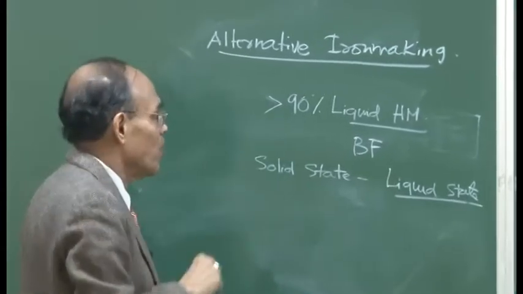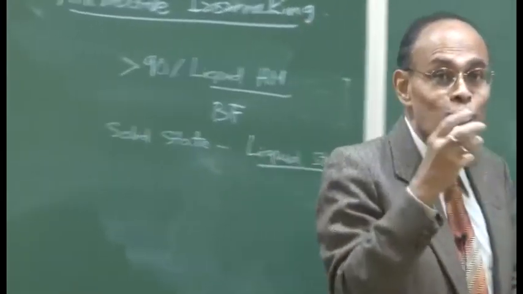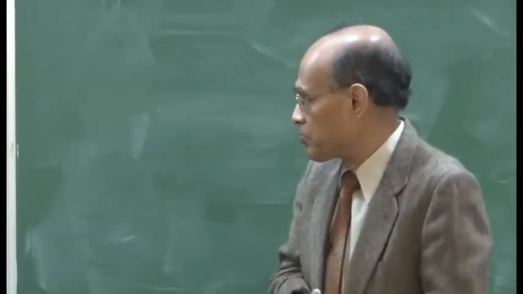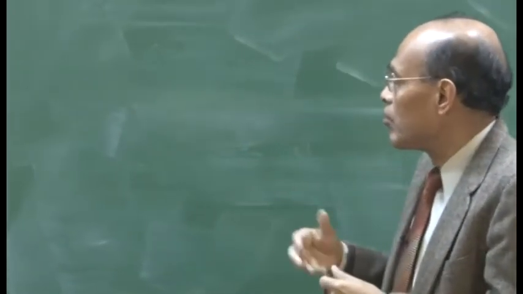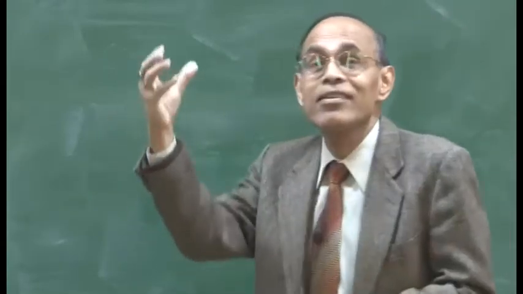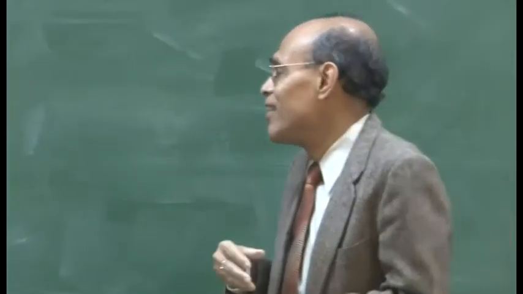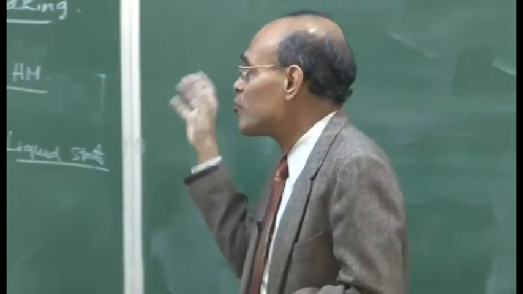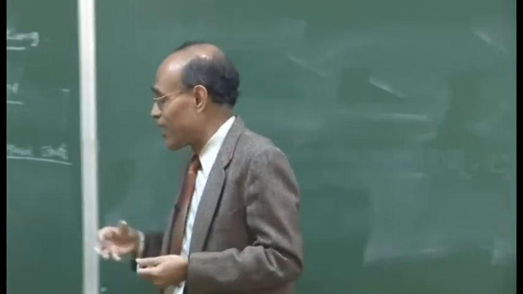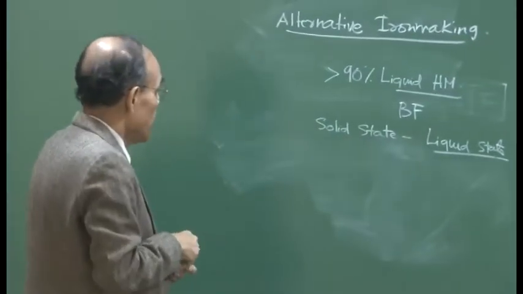So, that is one particular driving force or motivation for going to an alternative iron making process, which will not use the metallurgical grade of coal or coking coals, but can take any other variety of coal with lesser sulfur content, lesser silica content, and that can be used to produce the reducing gas or the ensured reducing environment, and the whole process also generates necessary heat to run the process.